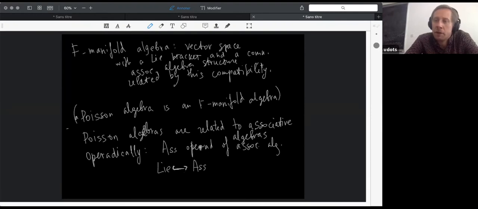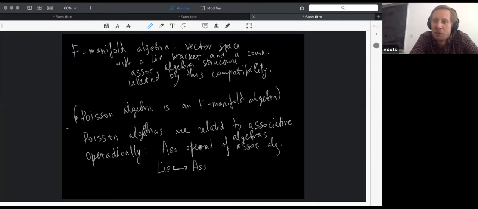What does it mean? This means that you consider all operations in the associative operad which you can write using at least one Lie bracket, operations that you can write using at least two Lie brackets, and so on. It's analogous to filtration by an ideal in commutative algebra, which, of course, we all know very well.